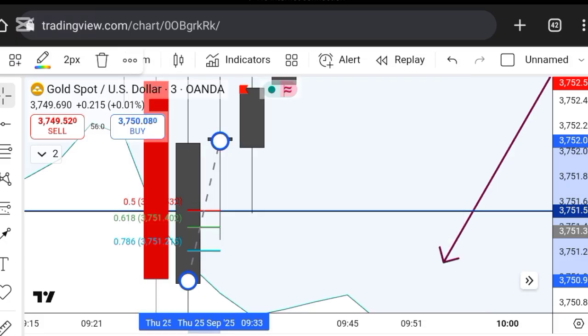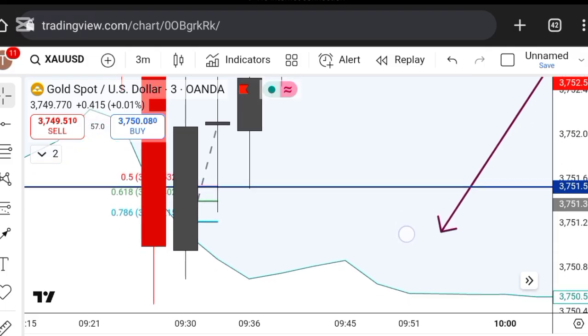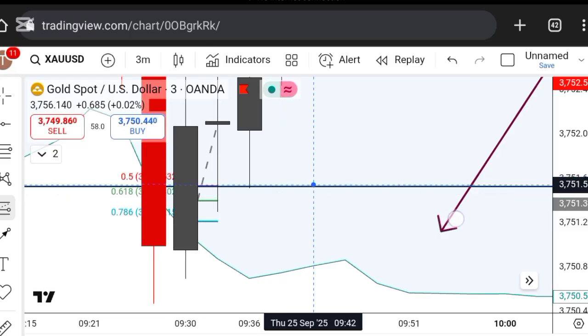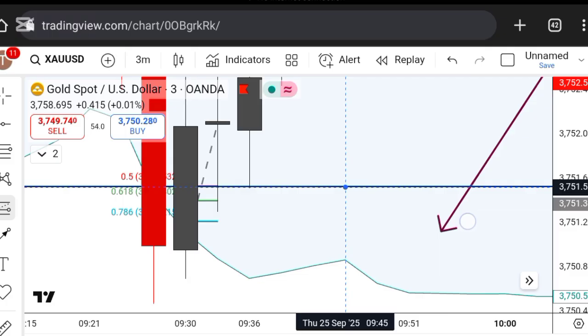In this scenario, the 0.5 fib retracement level is my 50% on this candle. So I'm going to place a long position, and my entry will be on the 0.5.